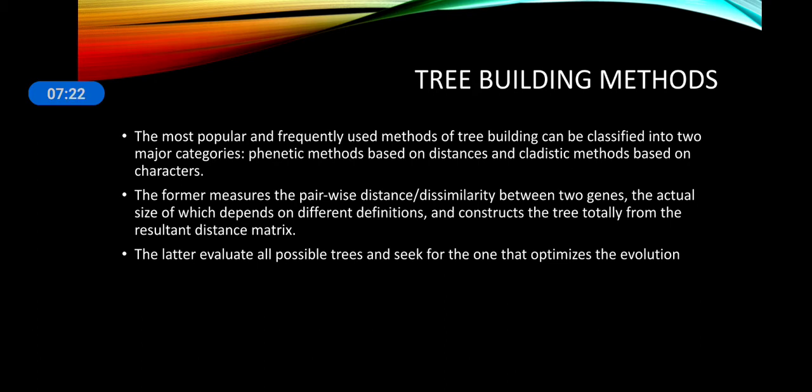So in the case of distance methods, we will make a distance matrix, and based on the distance matrix we will build the trees. But in the case of cladistic methods, all possible trees will be made, and we will seek the one that optimizes the evolution. So it is actually a kind of heuristic method, because all possible trees will be made, and we will take the one tree that is optimizing the evolution.